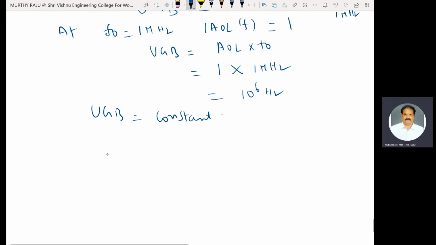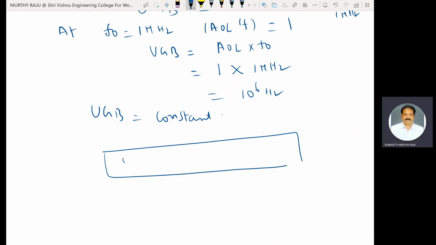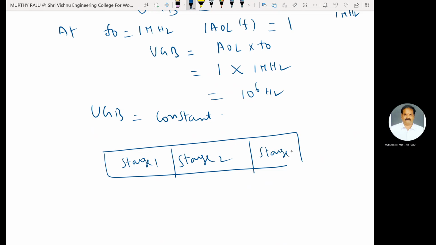Suppose 3 stages are used here. Stage 1, stage 2 and stage 3. Corner frequencies are here F1, F2 and F3.